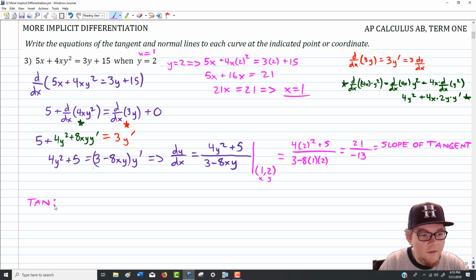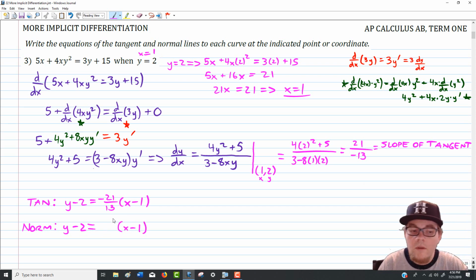The tangent line is going to have the equation y minus 2 equals negative 21 over 13, quantity x minus 1. For the normal line, everything about the normal line, recall, is exactly the same except for one thing. That would be the slope. If we want to figure out the normal line to an equation, and we know the tangent line's right here, the normal line is perpendicular to that tangent line at the point of tangency.